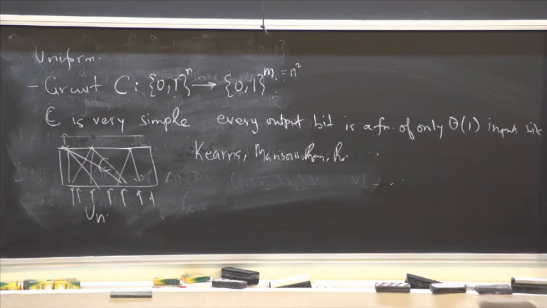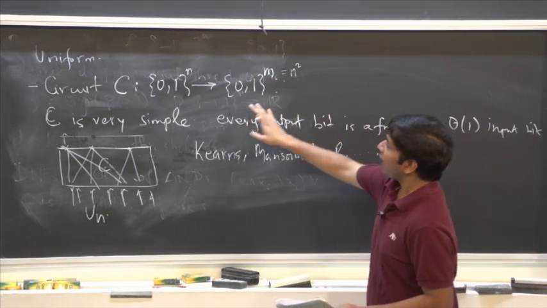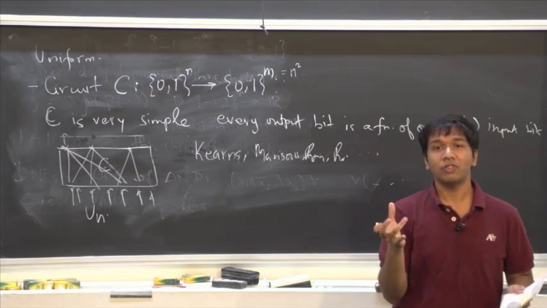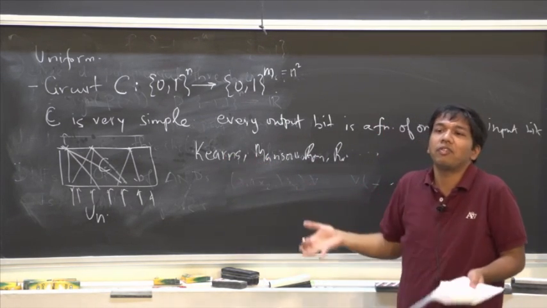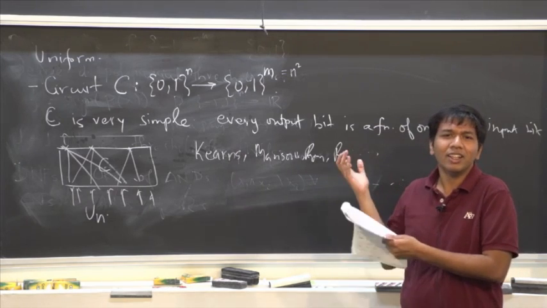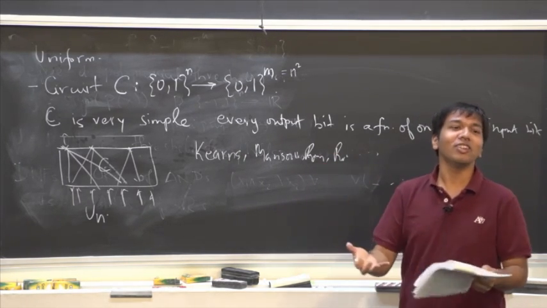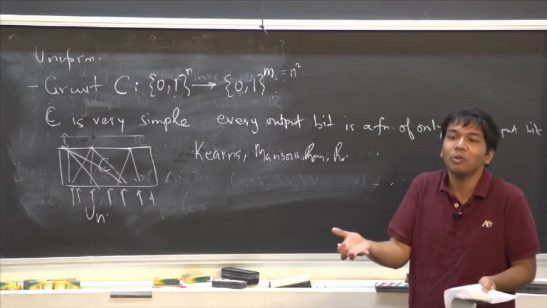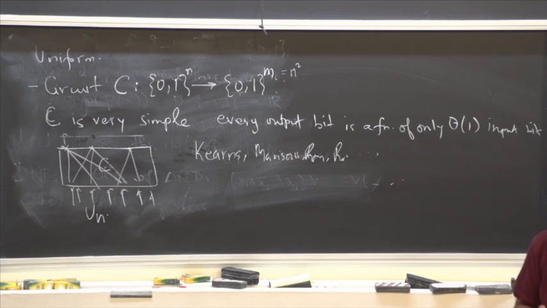So the moral of the story is that even if the circuit C is very simple, with this way of generating simple distributions you don't get very far as far as learning is concerned. Even this is very hard to learn. So certainly there is no sweet spot here, or there doesn't seem to be a set of interesting questions here. Maybe there is; I don't know what it is.